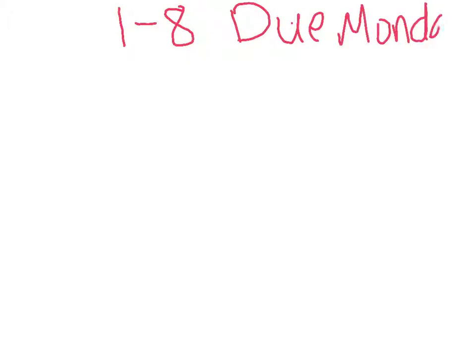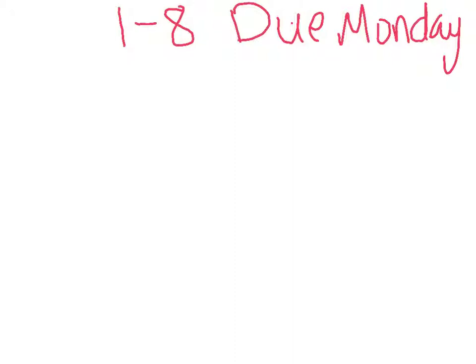Now, with the packet that you got, 1 through 8 are due Monday. Then if you'll notice at the top of your packet, it tells you that 9 through 16 are quadratic equations, and then 17 through 24 are two variable equations.